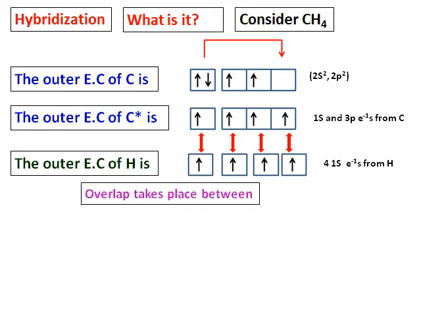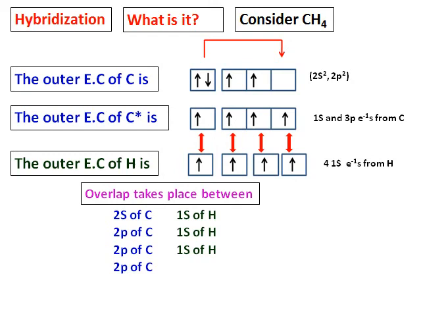Verbally, overlap takes place between the 2s of carbon and 1s of hydrogen, then 2p of carbon and 1s of hydrogen, 2p of carbon and 1s of hydrogen, and 2p of carbon and the last 1s of hydrogen.